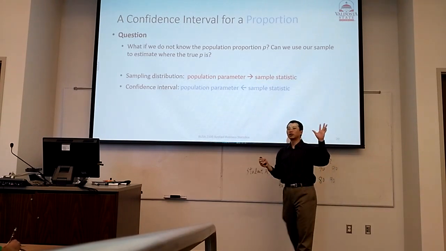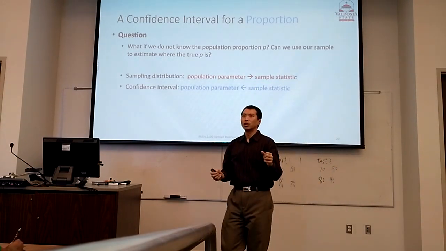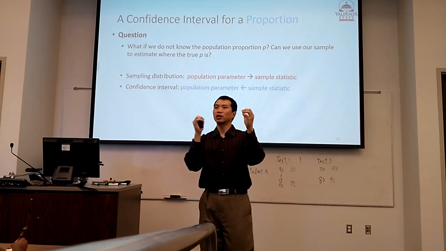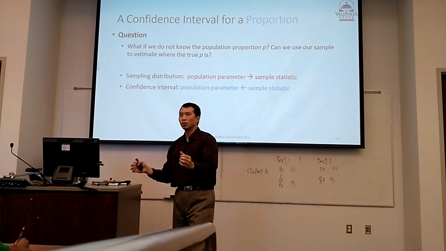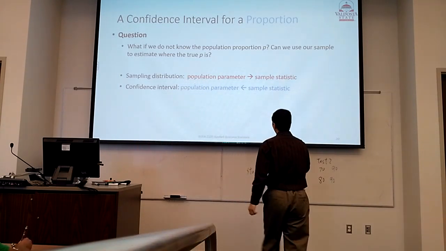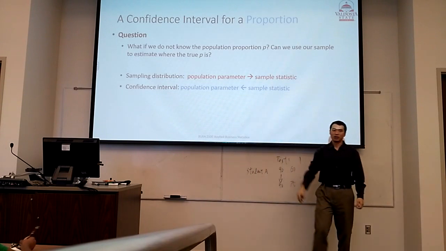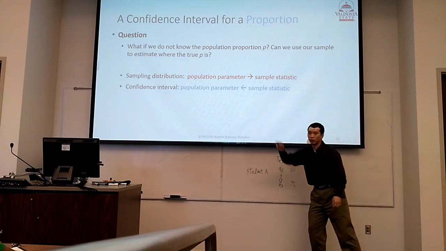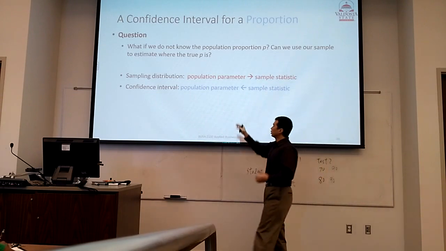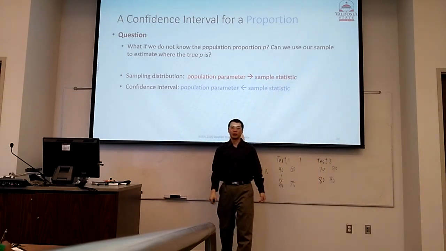For example, assuming I do not know the average GPA of this class, I want to use my sample to study that population parameter. That is the confidence interval. That's the second way: we use the sample statistic in hope of learning the population parameter.